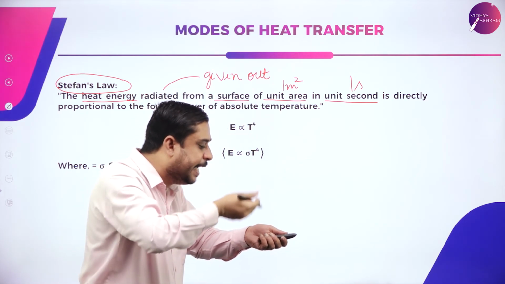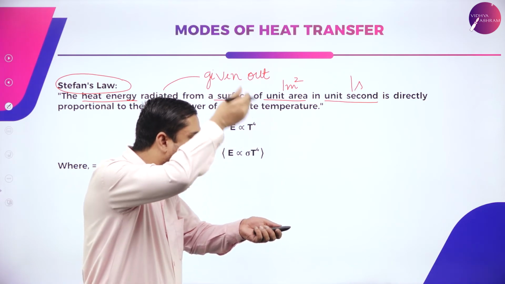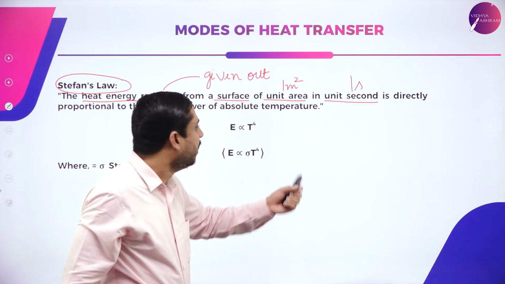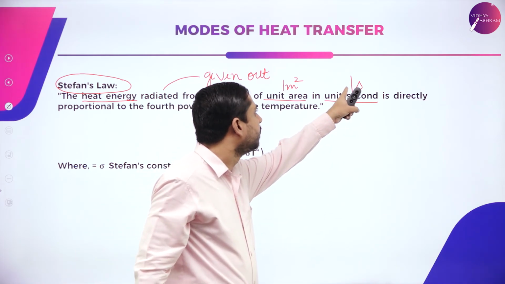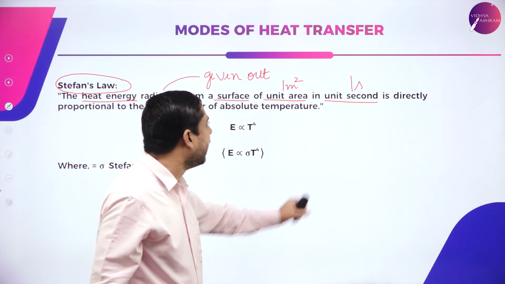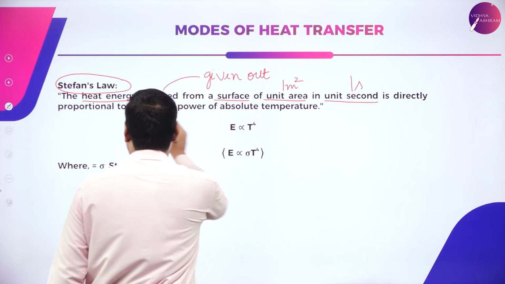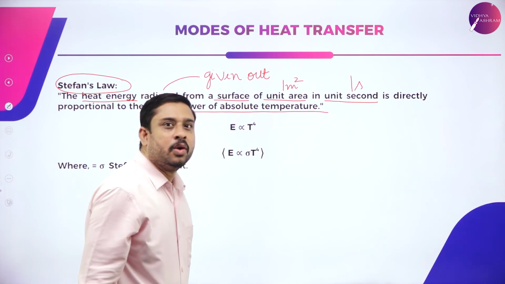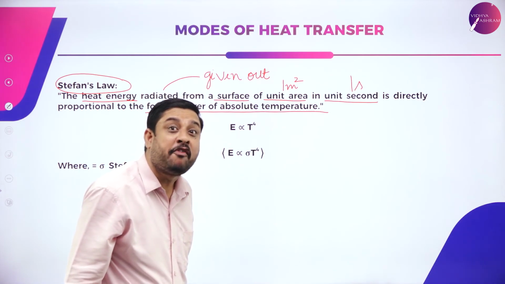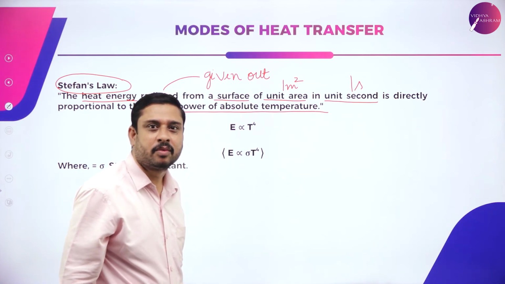So the heat energy that comes out of a surface of area 1 meter square in 1 second is directly proportional to the 4th power of absolute temperature.